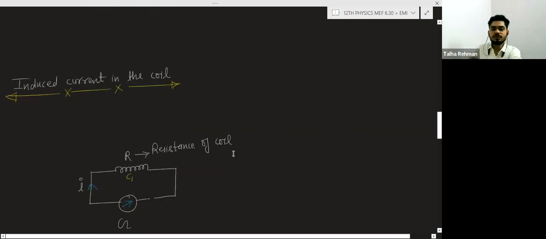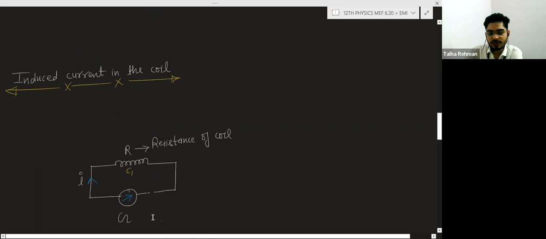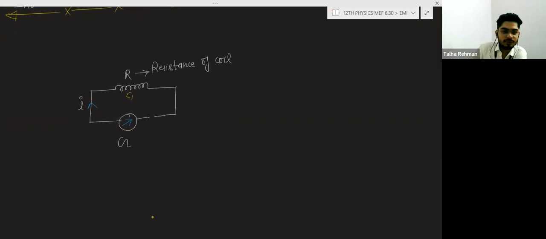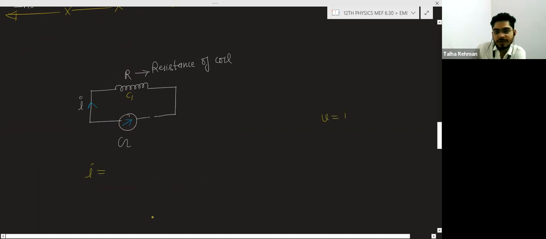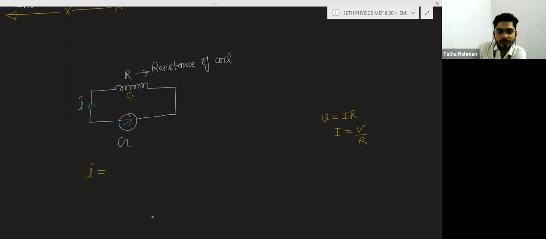So suppose your coil has the resistance R, and this is the induced current in the coil. So how you will calculate the induced current? V is equal to IR. So I is equal to V by R. So current is equal to EMF E divided by the resistance R. So this will become minus 1 by R delta phi by delta t.